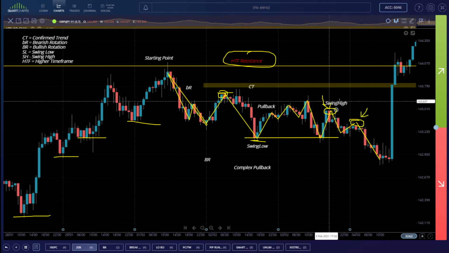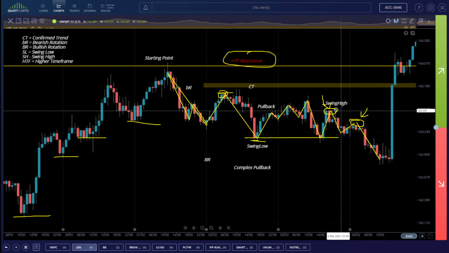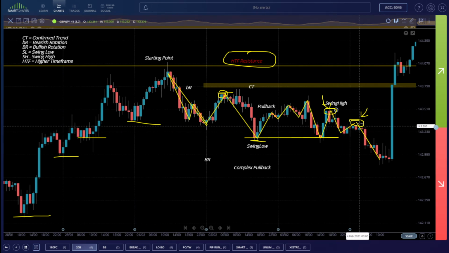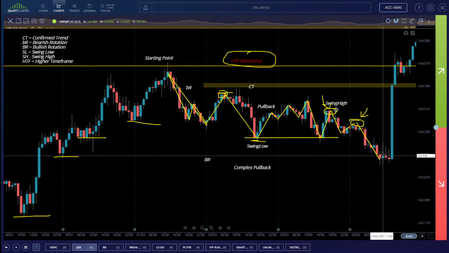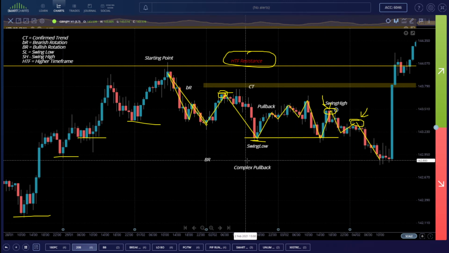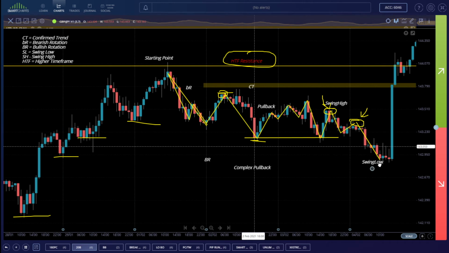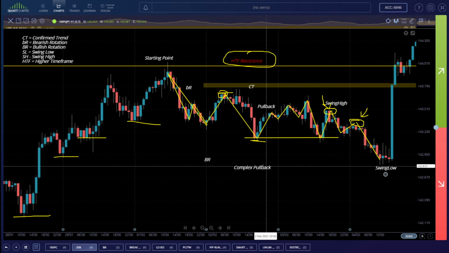Now, which one is going to be stronger? Obviously this one is going to be stronger, but this one is closer to price. So it is subjective which one you're going to use as your most recent swing high. I would be using this one just because these are pretty clearly defined. Okay, most recent swing high. This becomes your most recent swing low.